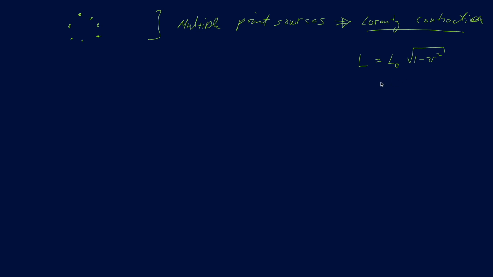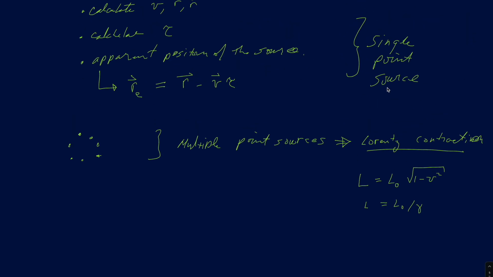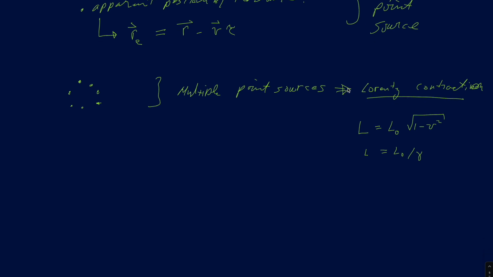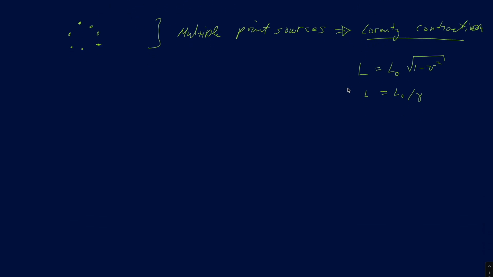We could also write this, if we prefer, as L0 over gamma. And that's the other piece of the puzzle. So between this equation, whichever one you like best, and this equation here, you have everything you need to construct a simulation.